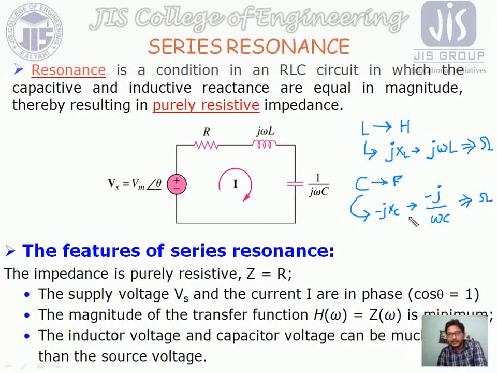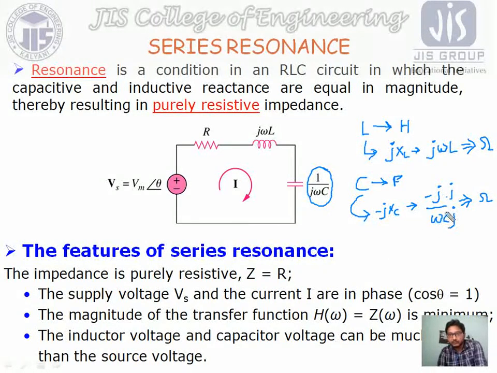And again here is written 1 by j omega C. It's the same thing: if we multiply both the numerator and denominator by j, it comes to this equation.